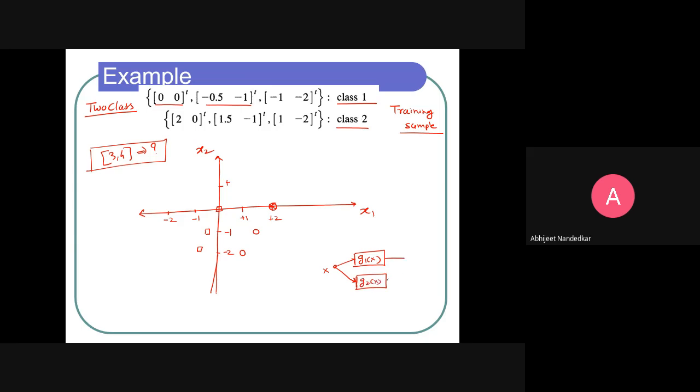Now this will go to a max selector, and the index of this will be your output, maybe 1 or 2. So we want to design this g1x and g2x.